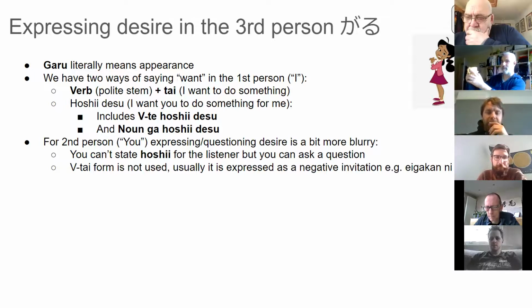But you have to read the situation to decide, does this mean obligation or rules or advisement? All of these have slightly different nuances. Ikubeki desu ka sounds more like, do I have to go? To be honest, it's not something you'd normally imply on somebody else.